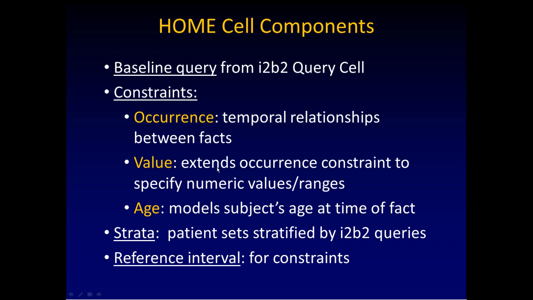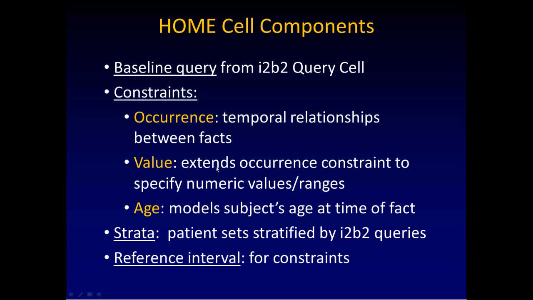One we call the occurrence constraint, which is one fact that occurs within a certain amount of time of another fact. For example, hospital readmission rates would be an inpatient fact followed by another inpatient fact by less than 30 days, would be a 30-day readmission rate.